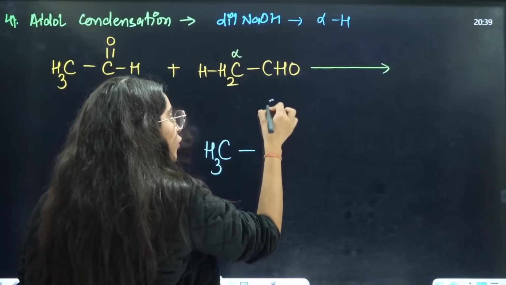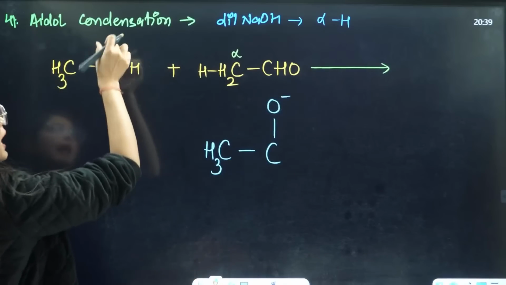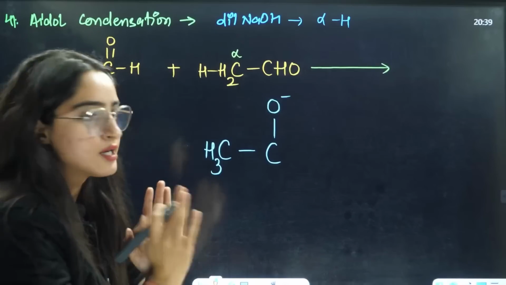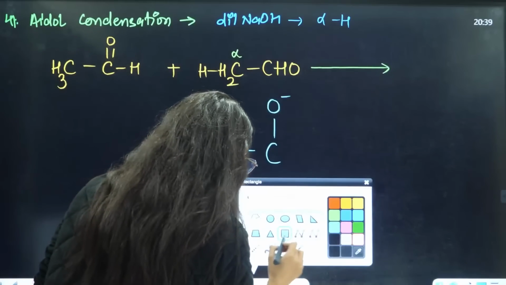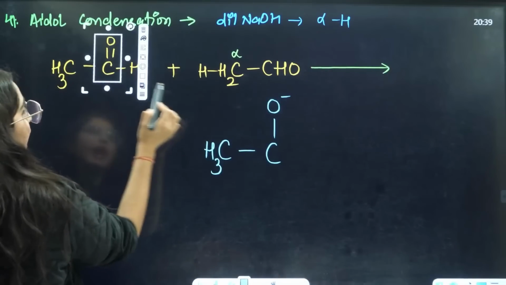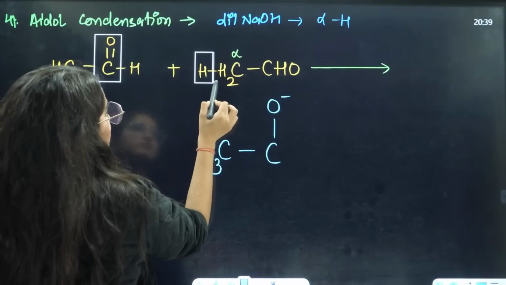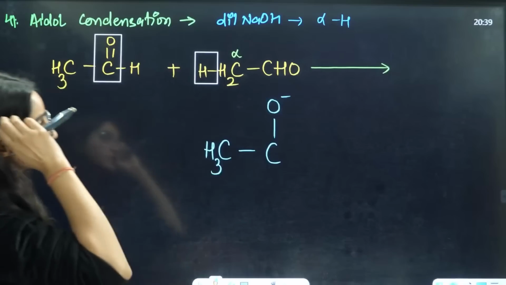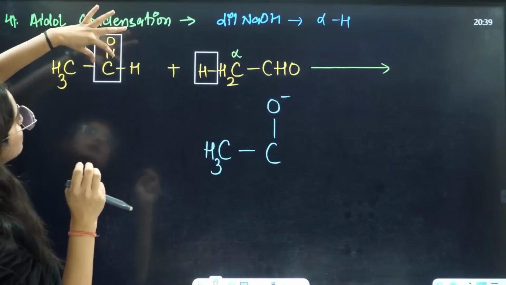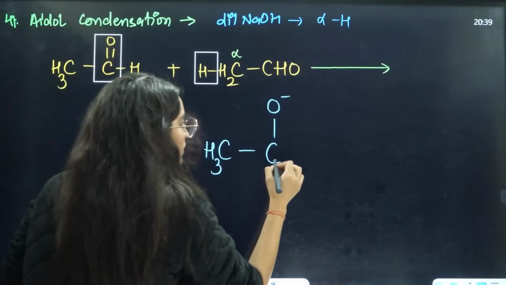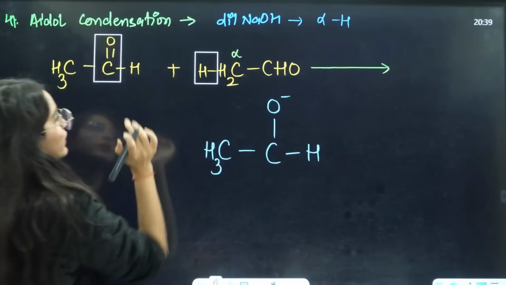Now this will be O negative, break the pi bond, because we have opened it, that means some reaction we are going to do here, with this part and this part. So this will be eliminated. Now mark this as O negative. Place the hydrogen here only.